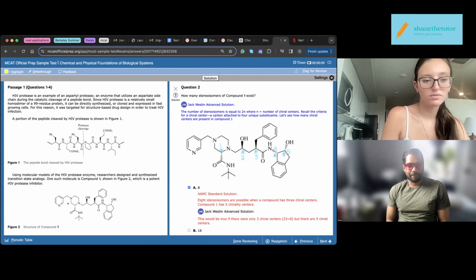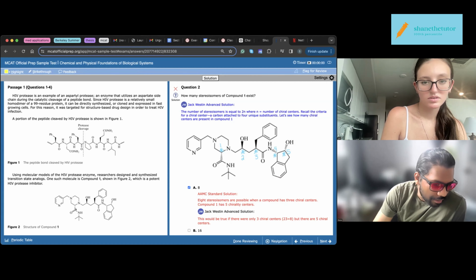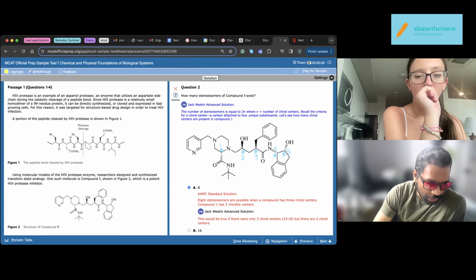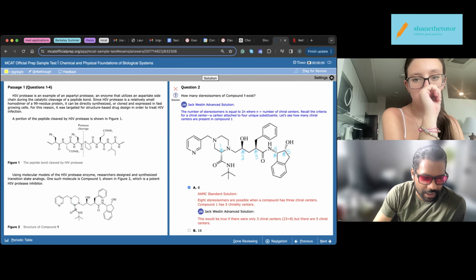So we have 1, 2, 3, 4, 5. Now at each chiral center, you could have a dashed wedge or a black wedge.